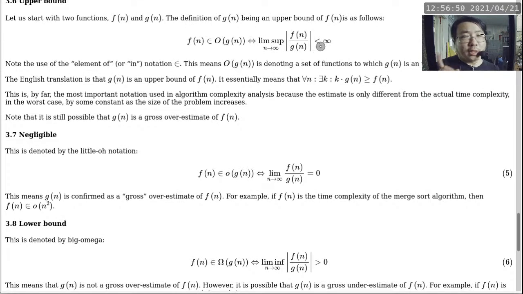It has to be less than infinity, which means it cannot be infinity, and yet it has to be greater than 0. So what is left in between? It has to be a constant. The limit superior has to be a constant, and the limit inferior also has to be a constant that is not 0. That makes G a tight bound of F.